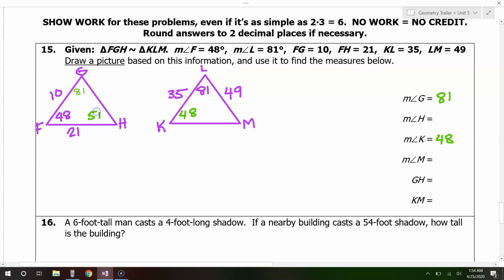So these angles must be 51 degrees. So H and M, 51 and 51. Okay, so that just leaves GH and KM.